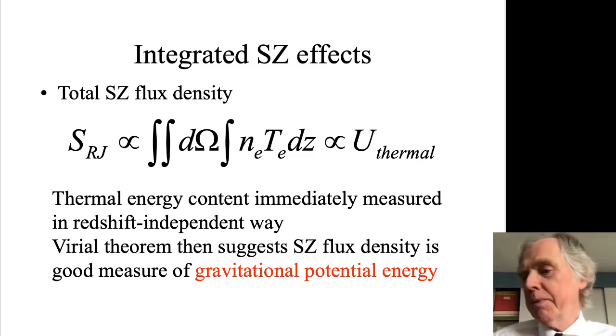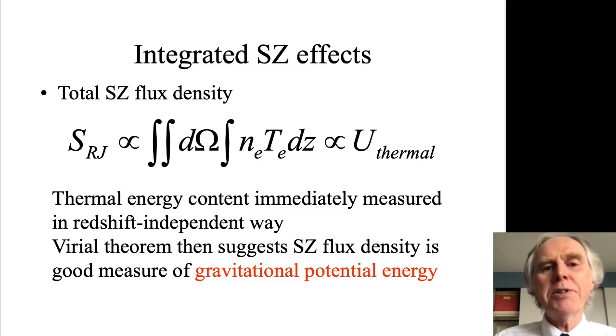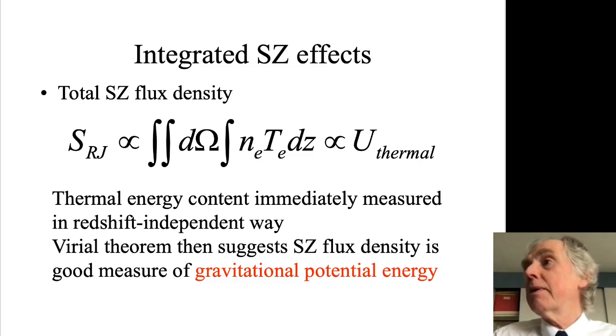Well, based on what I've already shown you, it's something to do with a solid angle integral, the d omega integral, over the Compton Y parameter, which is proportional to the product of the density of scatterers, so the electron density, and the electron temperature.